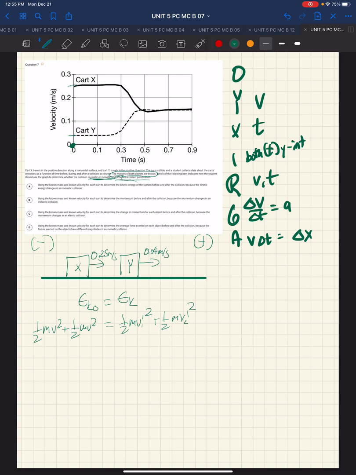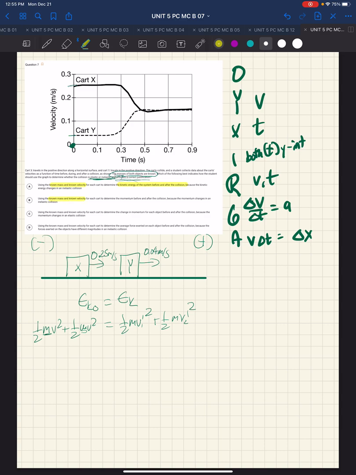Well, we're told the masses are known, so all we need is the velocity. So now we look at this using the known mass and known velocity. All right, so that looks true, because the kinetic energy changes in an inelastic collision. So that looks like it's the right answer.